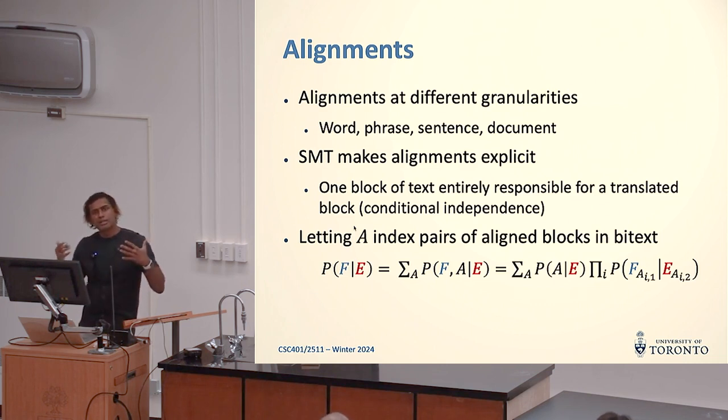And this parallel corpus can be aligned at different granularities: at a document level, a paragraph level, a sentence level, a phrase level, and so on. Before the advent of neural machine translation, statistical machine translation relied heavily on explicit alignment between bitext.